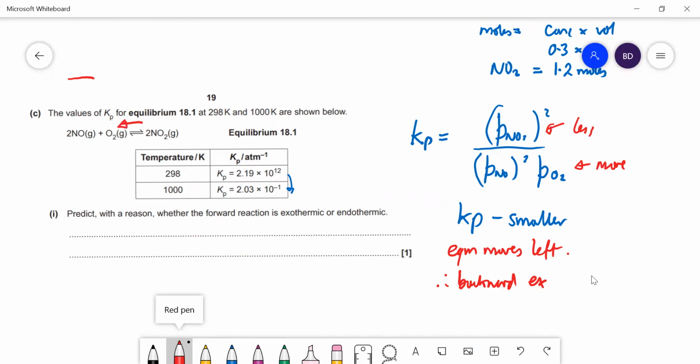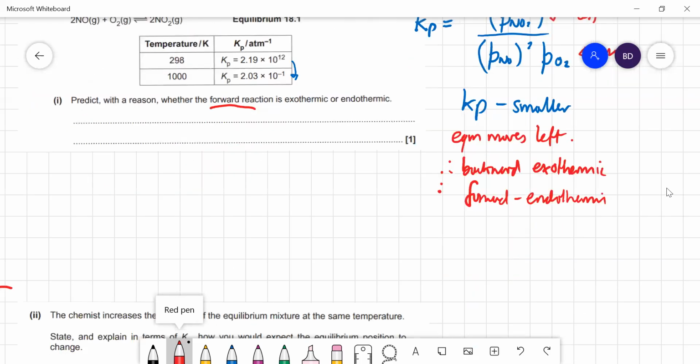So if we decrease the temperature, the backward reaction is exothermic, because Le Chatelier tells us it's trying to warm it up by going in the exothermic direction. But it's actually asking for the forward reaction, so the backward's exothermic, the forward is endothermic.